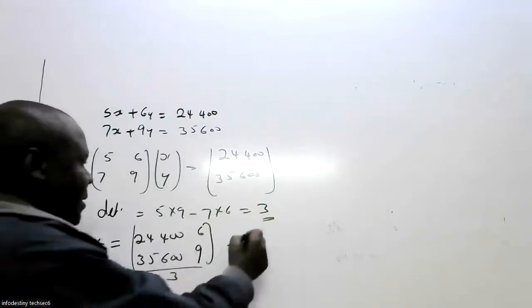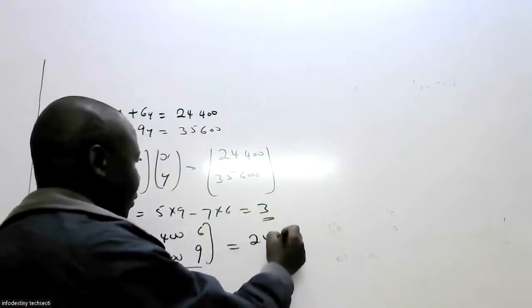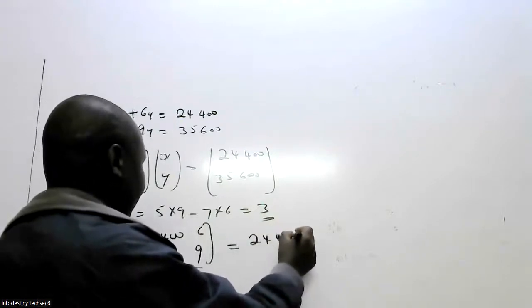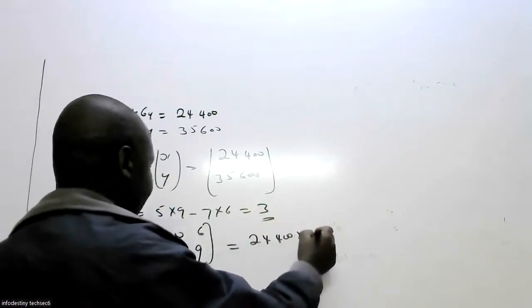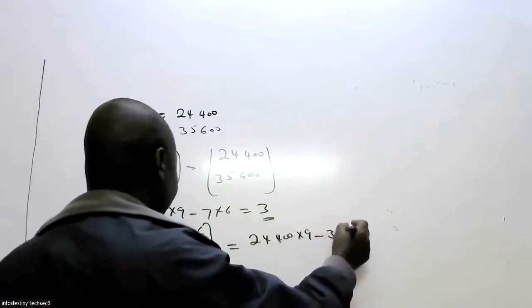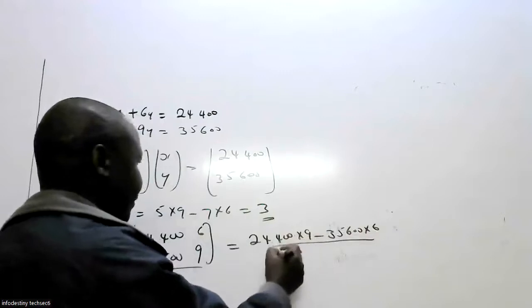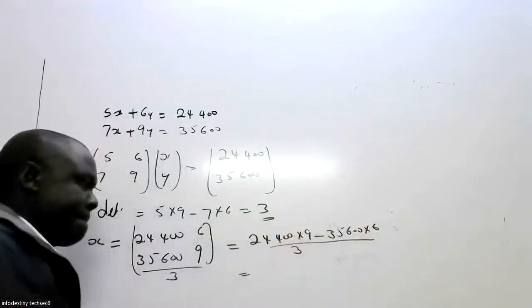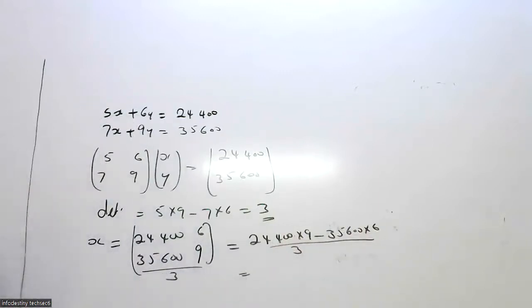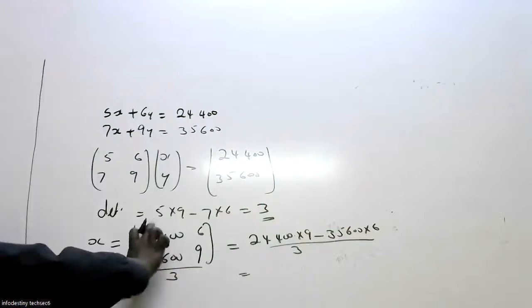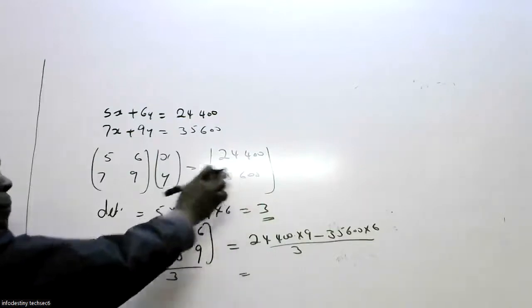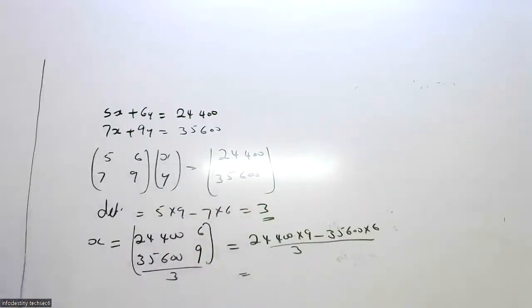So it will be 24,400 times 9 minus 35,600 times 6, divided by 3. I take this one to replace these values. That's it. Cramer's rule.